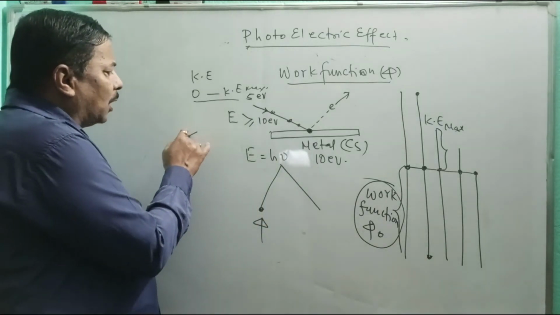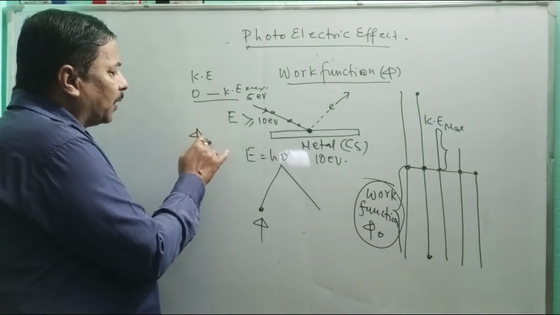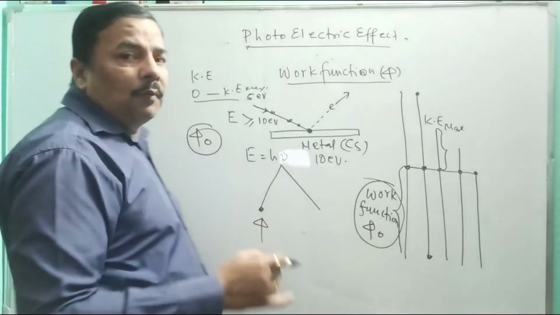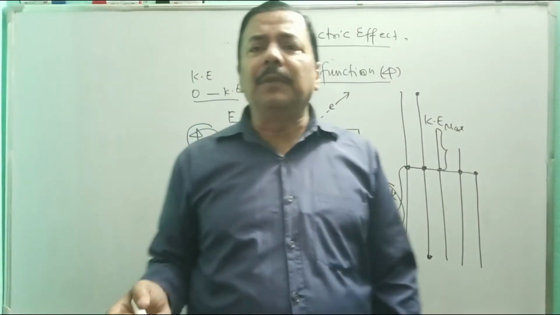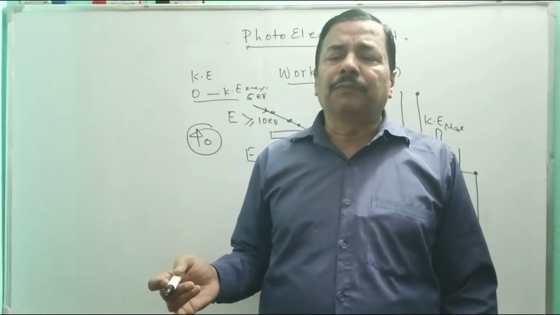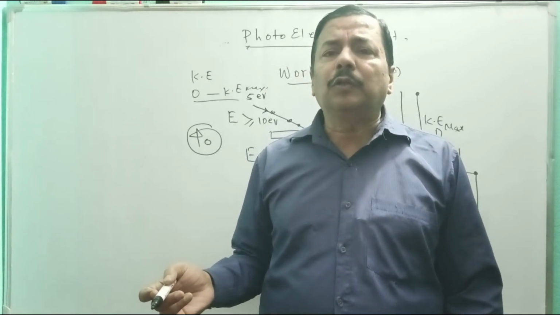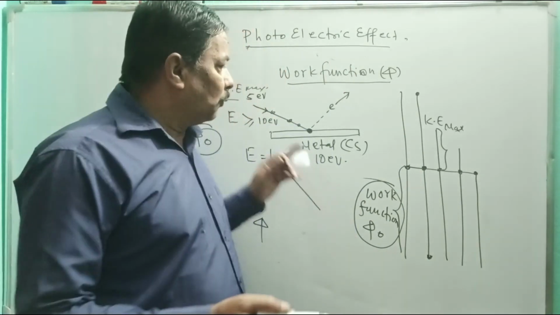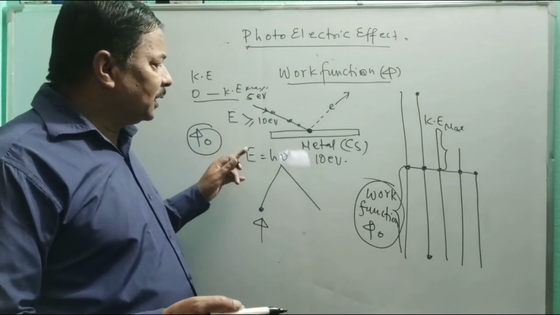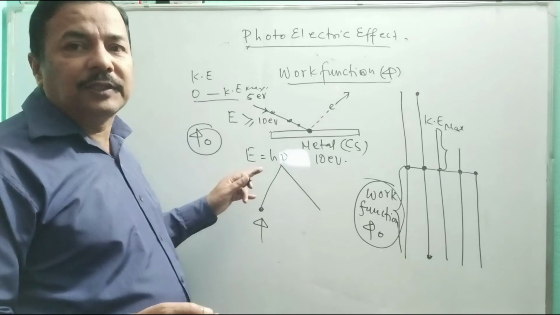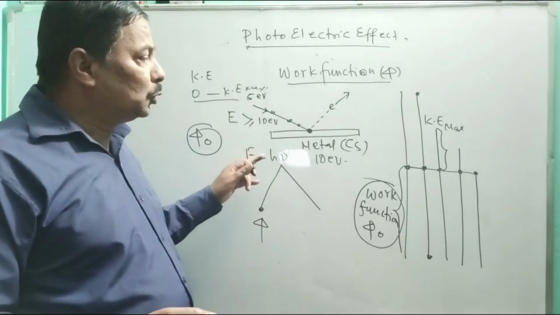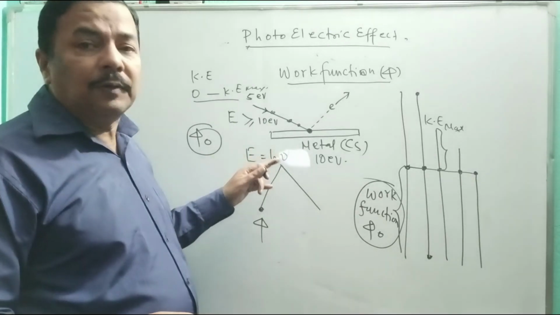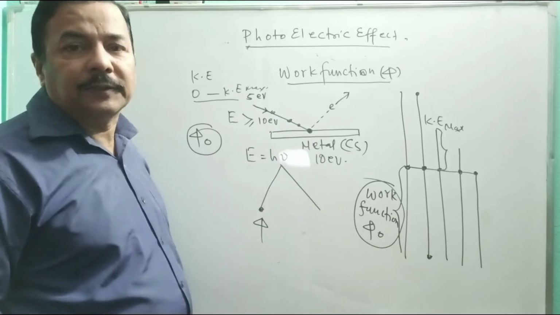Therefore, if we want to define the work function phi naught, work function is that minimum amount of energy which is required to liberate the electron from the metal surface.